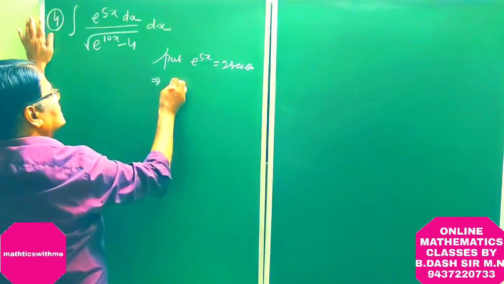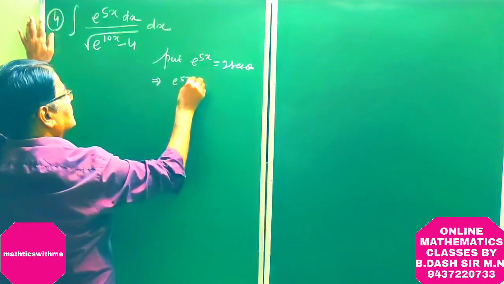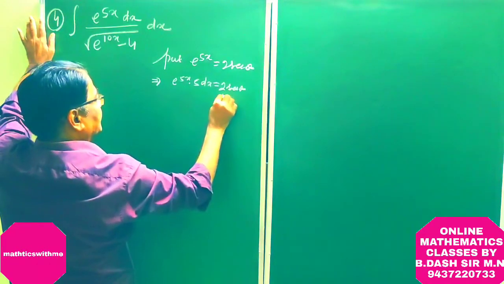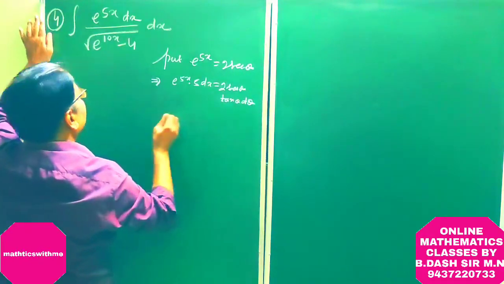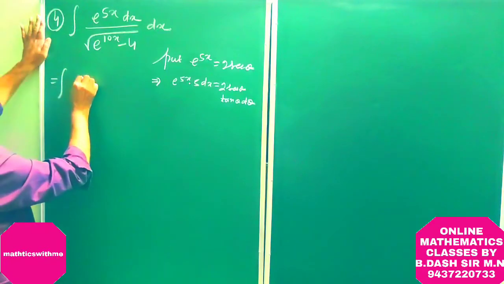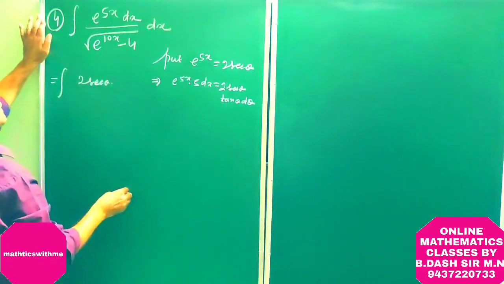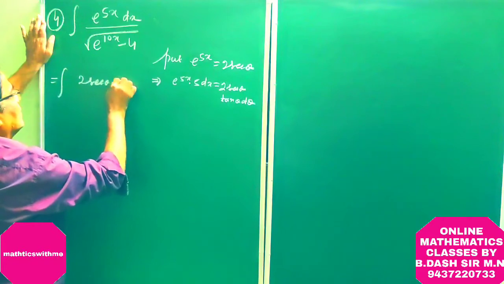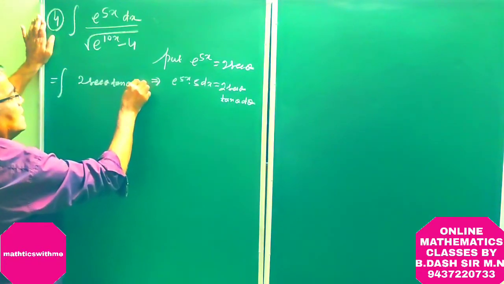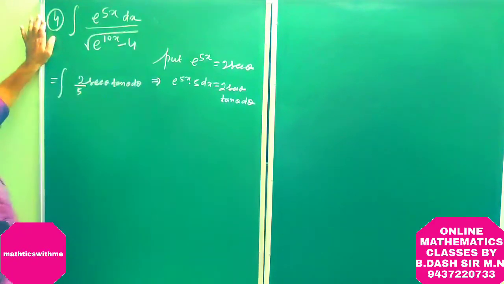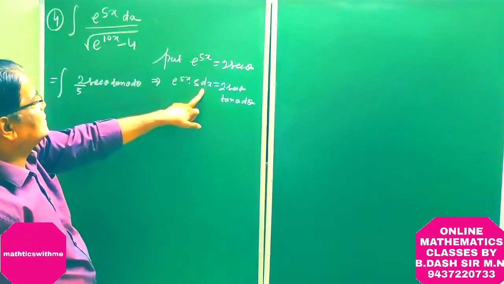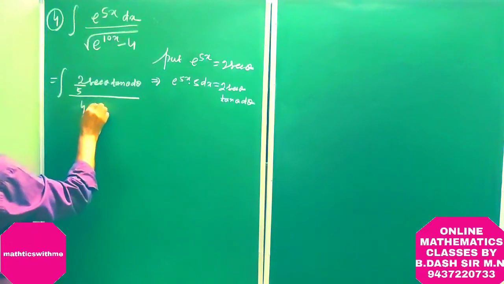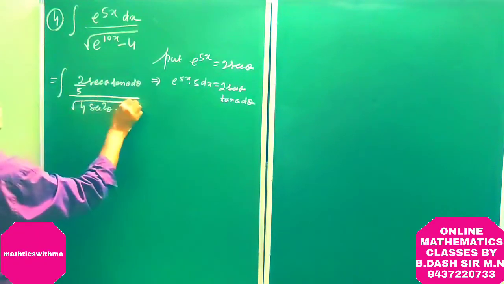So this implies e^(5x) · 5 dx = 2 sec θ tan θ dθ, so e^(5x) dx = (2/5) sec θ tan θ dθ, divided by √(4 sec² θ − 4).